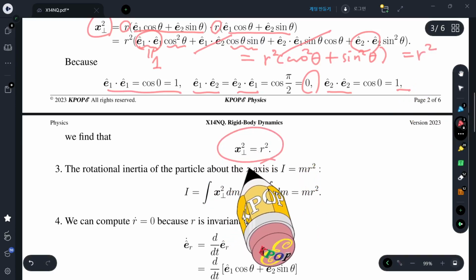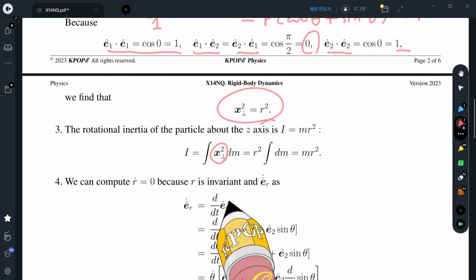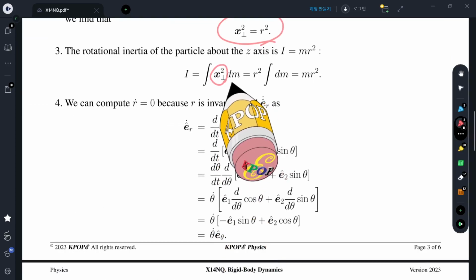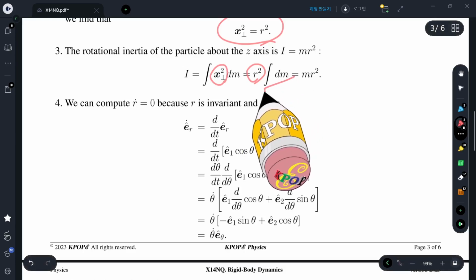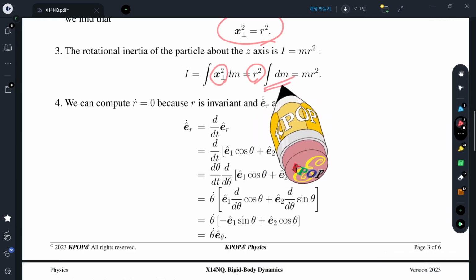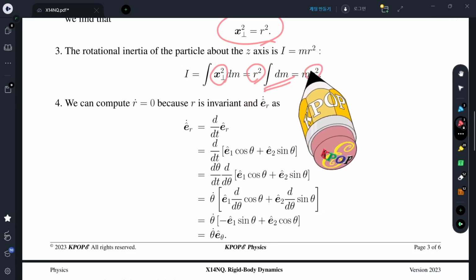So x perp squared is r squared, that is constant. The rotational inertia of the particle is now obtained as, regardless of the position of the particle, depending on the angle theta, we always have a constant radius squared, that is the square of the lever arm vector. Because it is a point mass, the integral is trivial, the mass itself. So the moment of inertia is m r squared.